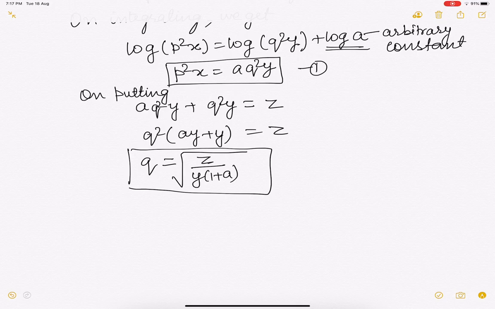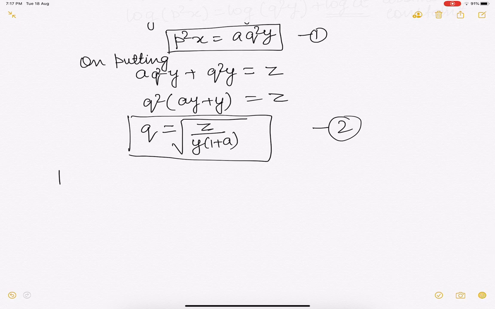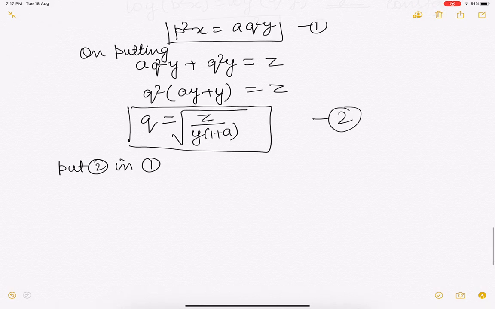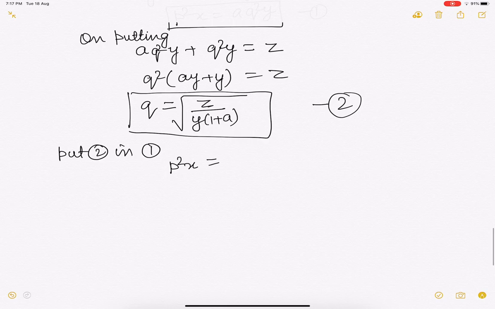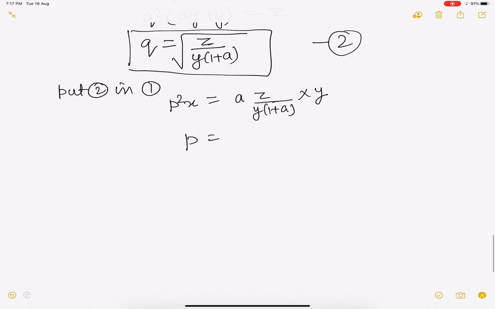If we take this as 1, this as 2, so if we put the value of 2 in 1, we get p square x is equal to a q square, then a q square z upon y(1 plus a) multiplied by y. So p is equal to root of az upon x(1 plus a).